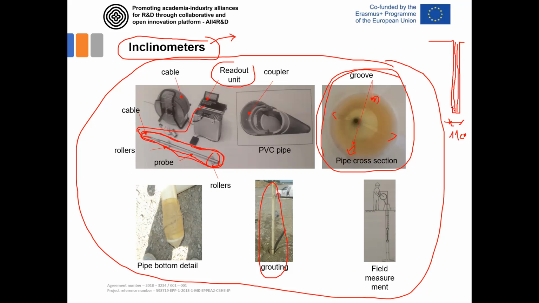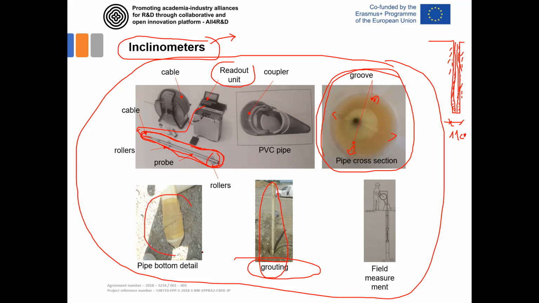So we still have some spacing between the pipe and the borehole. That's why we need to do grouting. Water cement mixture is applied to make good contact between the pipe and the surrounding soil. So this is the surrounding soil, this is the PVC pipe, and all around we perform the grouting.